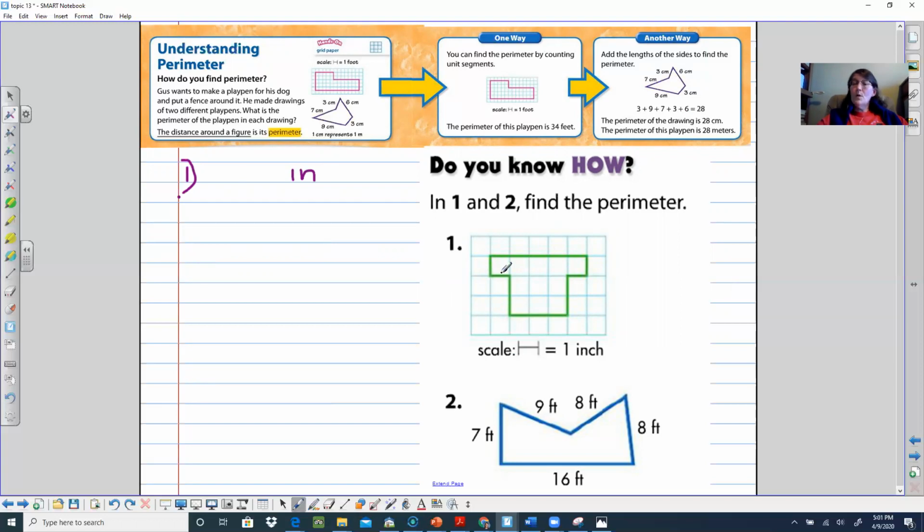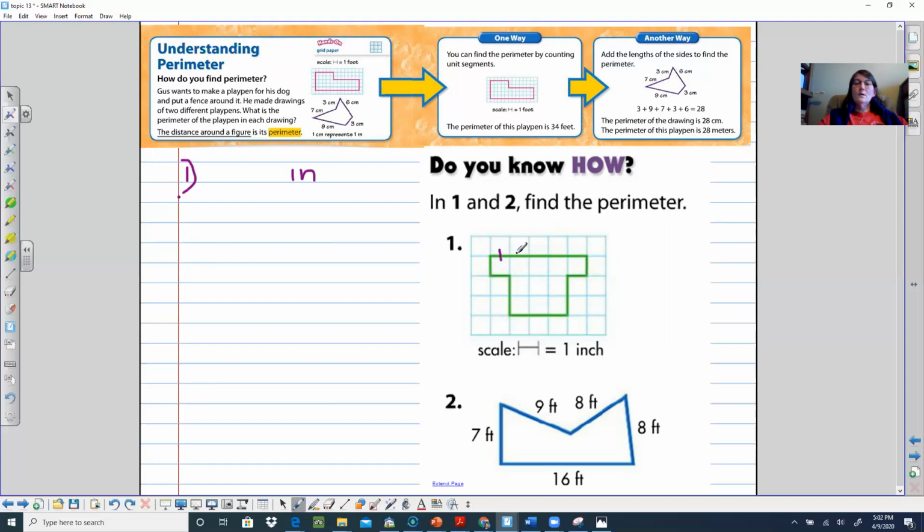Now, I could do tick marks and mark my way around, or I can label all the sides. This is a small enough shape that tick marks is a good strategy. So I'm going to model that method, and you can touch and count with me as we do it.